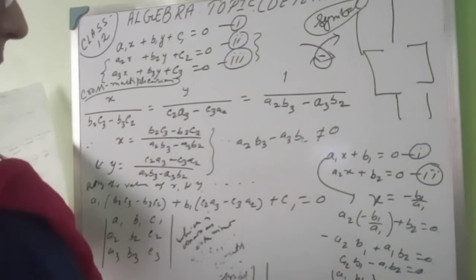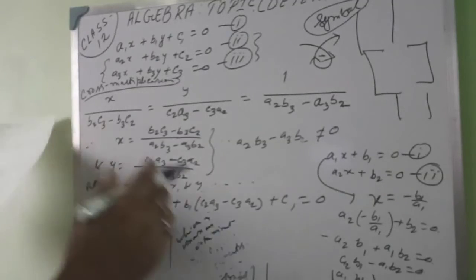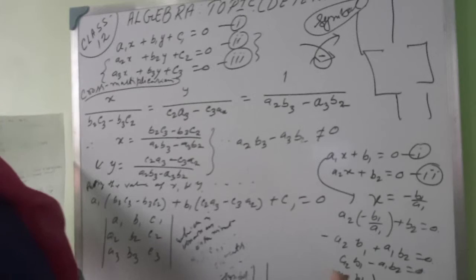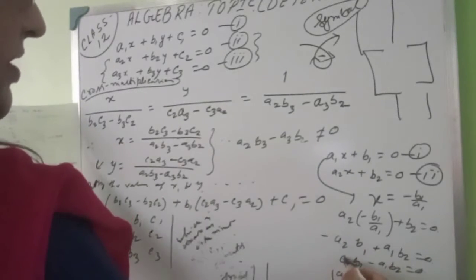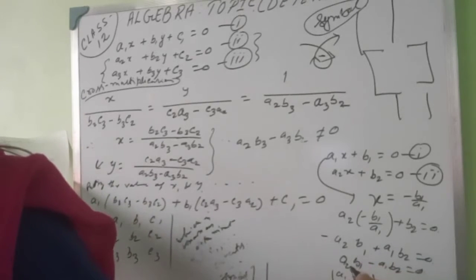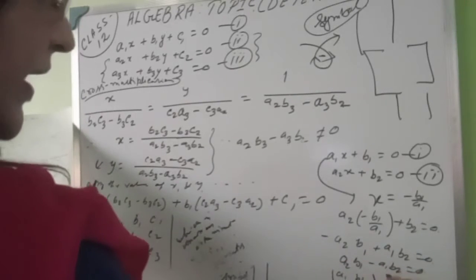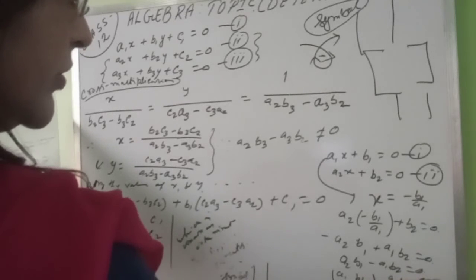Okay, so it is coming minus a2 b1 minus a1 b2, or we can write this part as a1 b2 minus a2 b1.